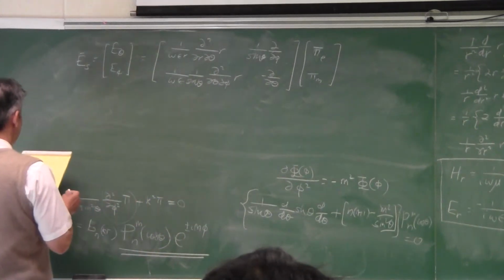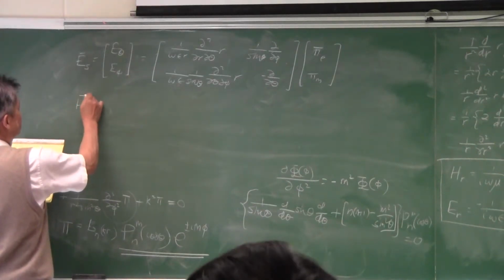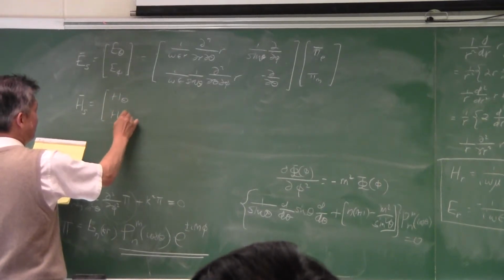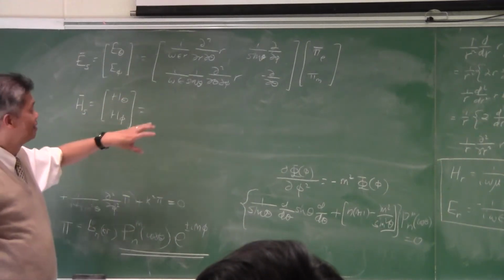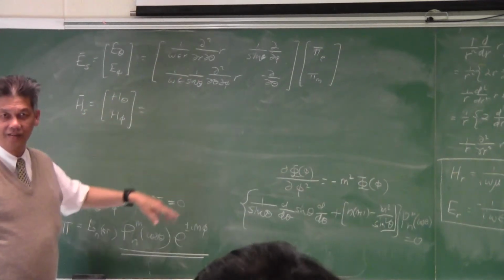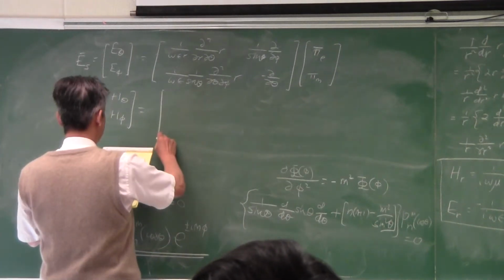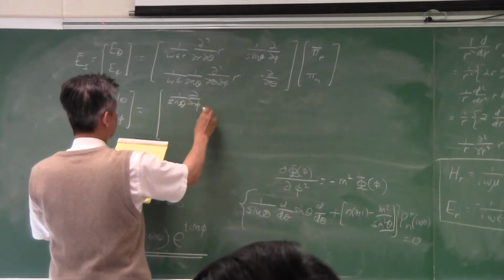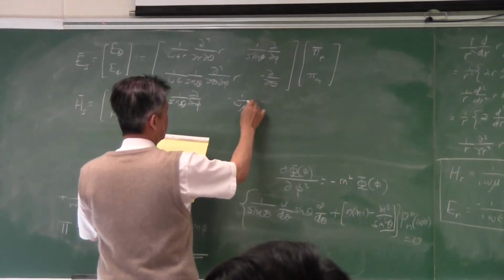And then the transverse magnetic field can also be written very similarly. But we cannot use the duality principle to write this down directly. You can use the duality principle sort of, but not to write this expression down. You cannot just write this down and then use epsilon equals minus mu, mu equals minus epsilon. That's wrong. You have to be careful, and if you write it out correctly, these expressions should be something like that. And then this will be minus i over omega mu r.